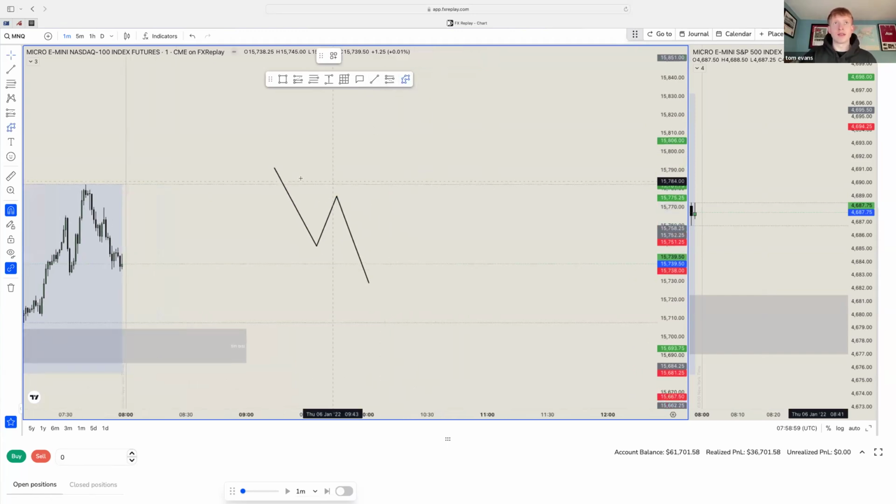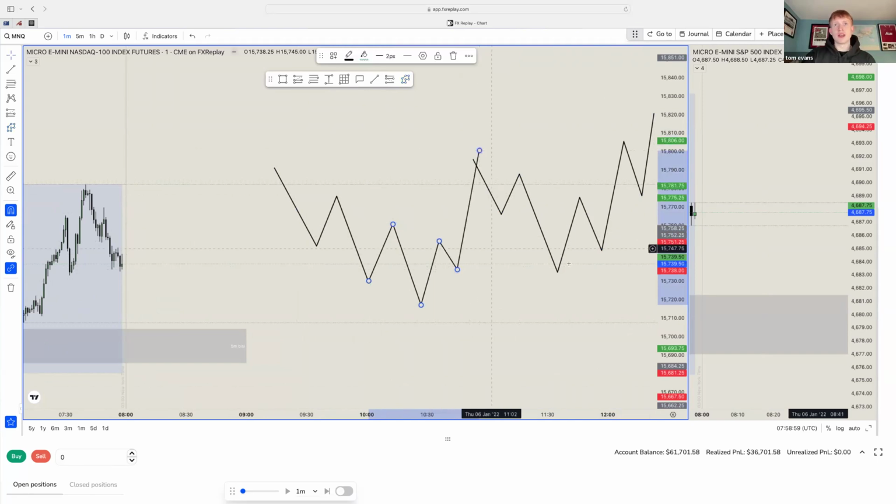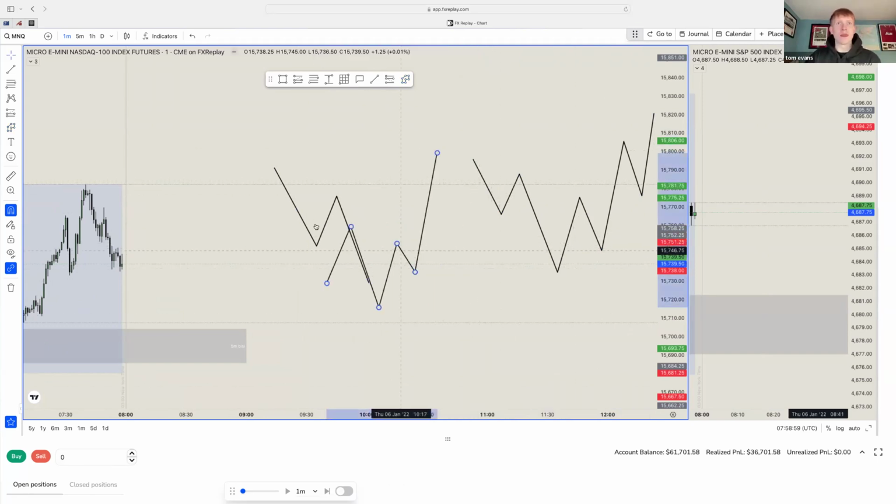We have here on the left-hand side the Nasdaq, and here on the right-hand side we have the S&P 500. Now, an SMT occurs when, like I said, there is a breaking correlation. What this looks like is simply this. I'll try and move this over to make it a bit easier for you.